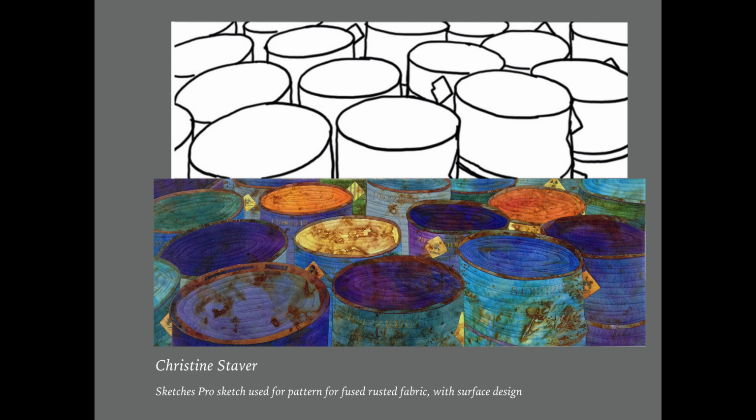And on another way of working, if you don't want to actually design fabric or quilts on the iPad, you can still use them as compositional aids. So here's a traced image of a photo that then became the basis of a pattern for an art quilt using Christine Staver's own batiqued and rusted fabrics.